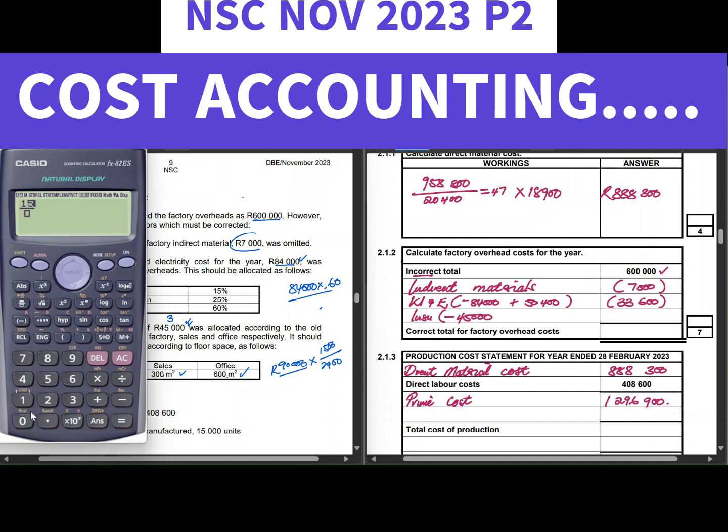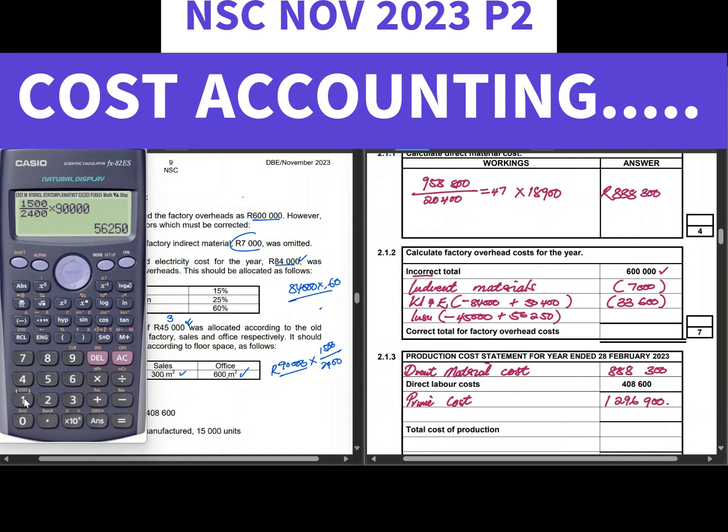We want 1.5, and what we have, which is the entire amount, is the 2.4. And we're going to multiply that by the 90,000. And then that will give us 56,250. And then we know we are going to come now and say plus 56,250. I close my bracket again.